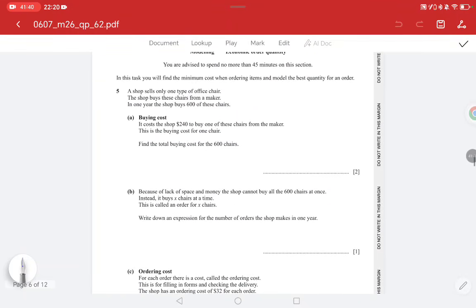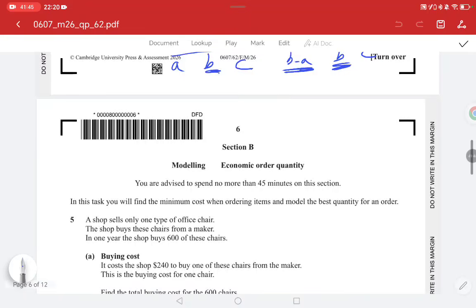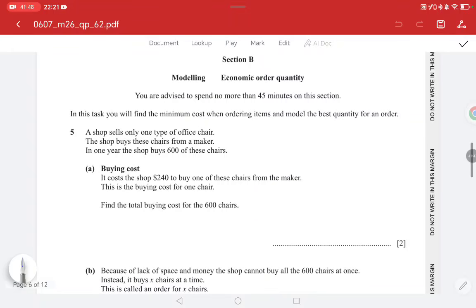Okay, next question, we are moving to modeling. When we talk about modeling, remember the instructions we said at the beginning, because this will help you to solve any modeling. In this example, we are building a mathematical model about the optimal order size to minimize the total cost.